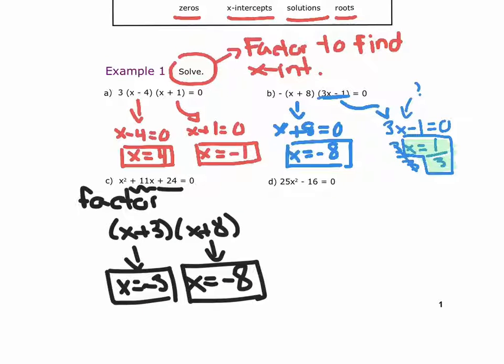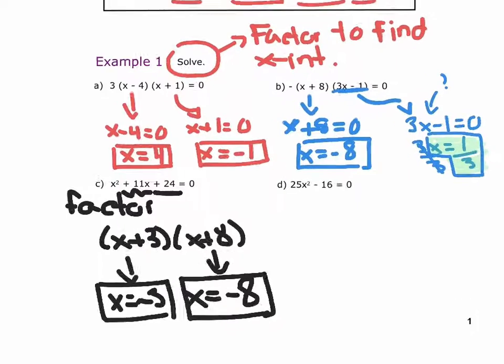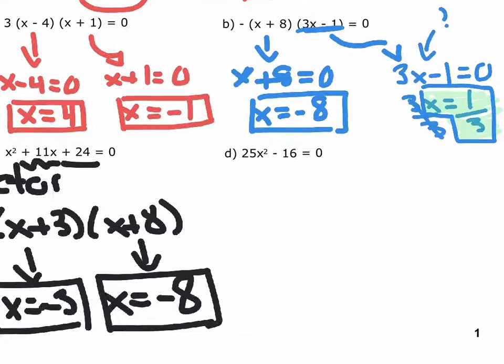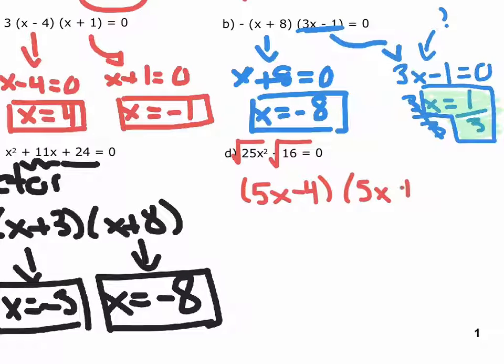Some of you will choose to do the shortened form, and that's fine. The next question, D, is a difference of squares. First you look: can you common factor? No, but we know these are difference of squares questions. So we would get (5x minus 4)(5x plus 4).